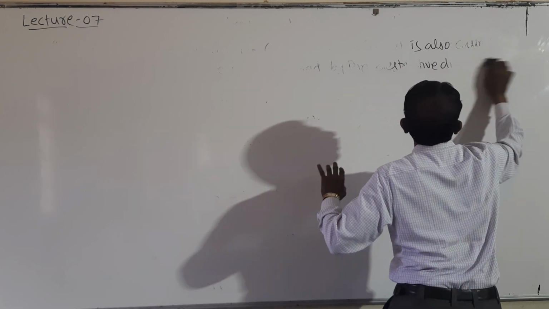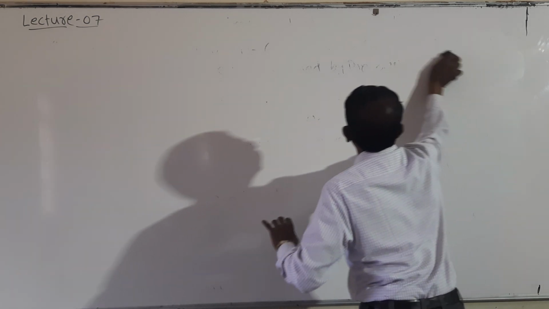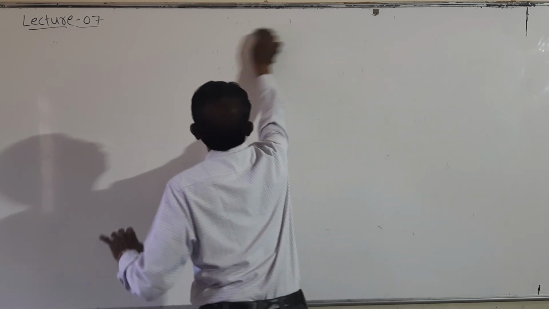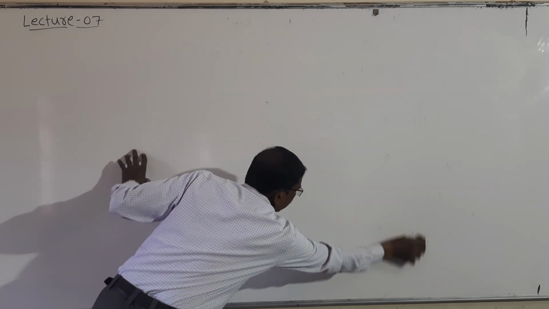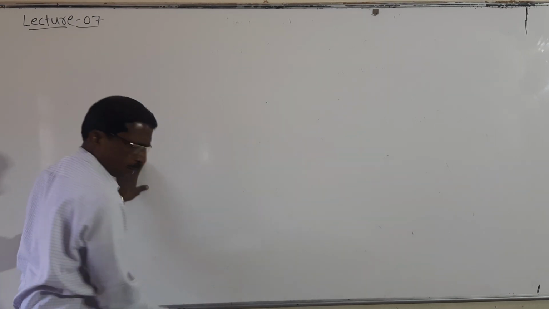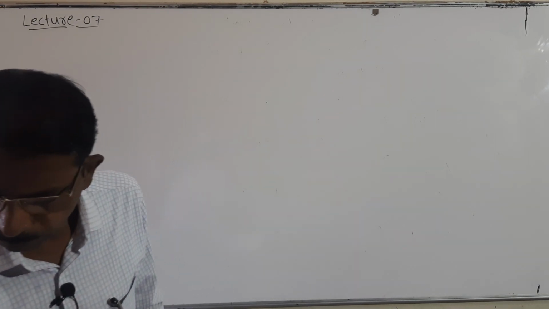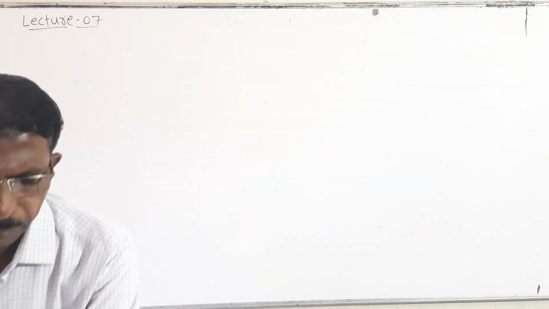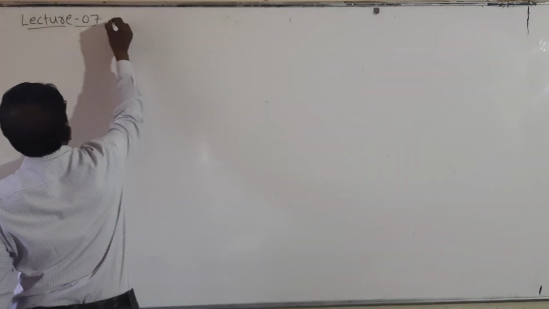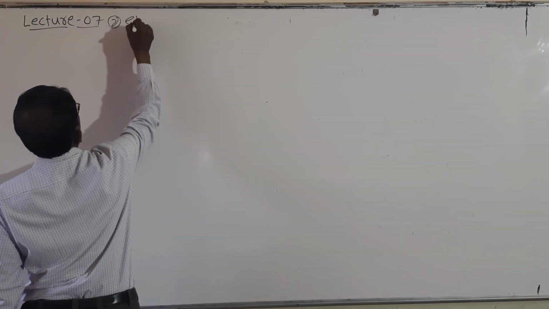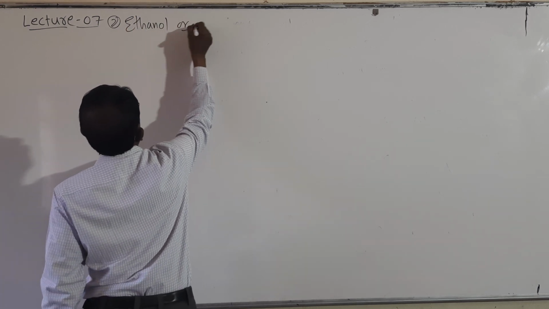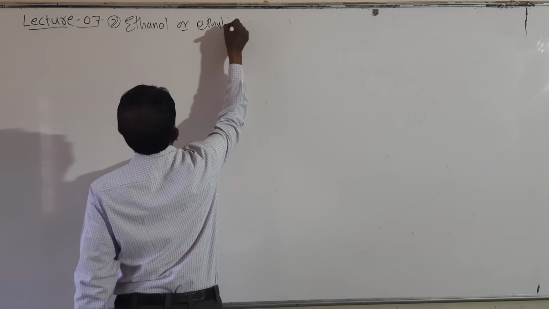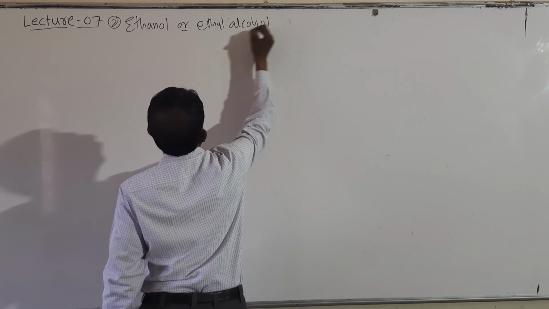So students, ethanol is also called ethyl alcohol. It is obtained by the fermentation of molasses. Look here, second one: ethanol or ethyl alcohol.